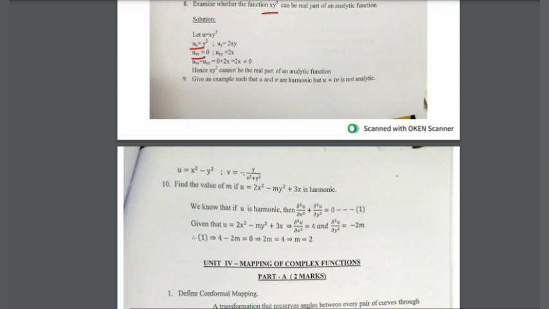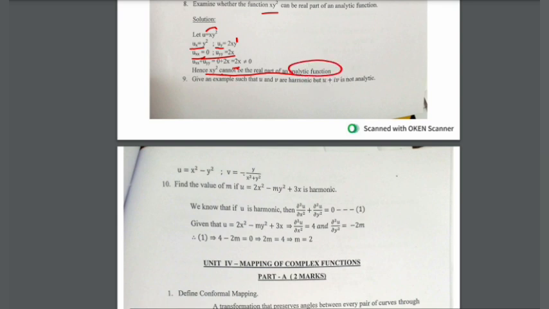Differentiate again with respect to x, there is no x, so it will become 0. Now differentiate u with respect to y, I get 2xy. Again differentiate it with respect to y, I get 2x. So adding uxx and uyy, I get 2x, which is not equal to 0. Hence I can say that the given function cannot be the real part of an analytic function.